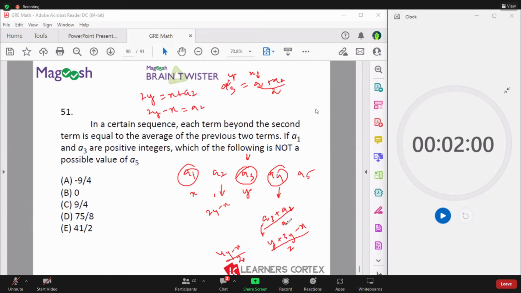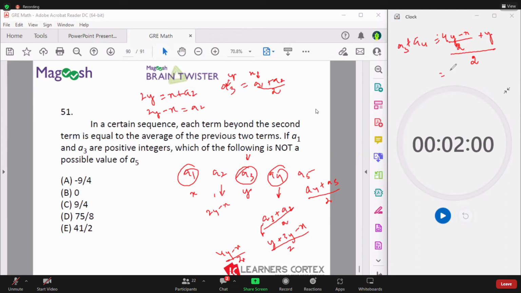Now for A5, it will be (A4 plus A3) over 2. Now A4 is (3Y minus X) over 2, and then we also have A3, which is Y. So all of this over 2.